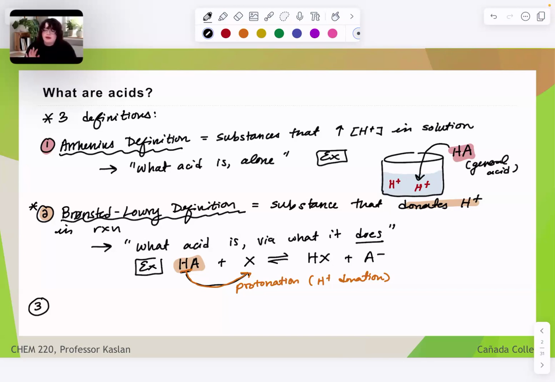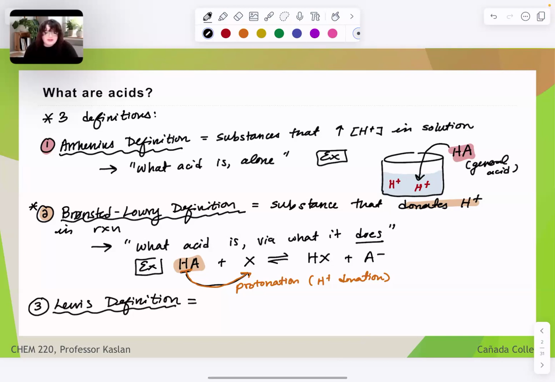We're going to talk about the chemistry of how those complexes are formed further down the line in Chem 220. But why I'm bringing those up now is because we can only understand how those complexes are formed if we understand the nature of this new perspective of what it means to be an acid, which is the Lewis definition of an acid.